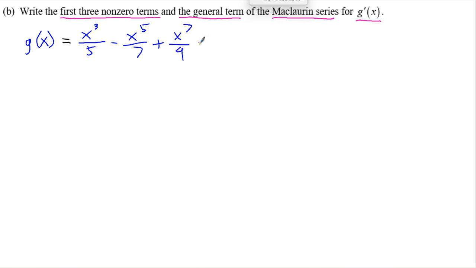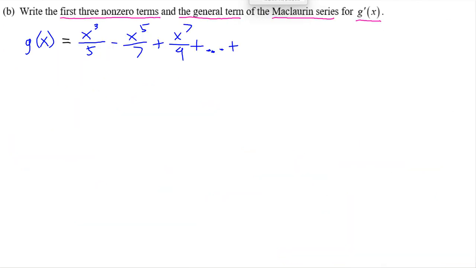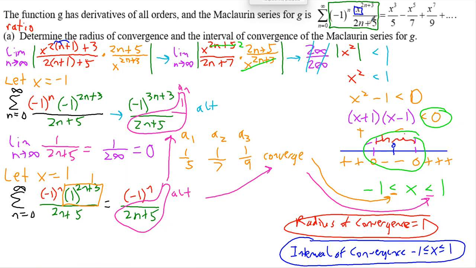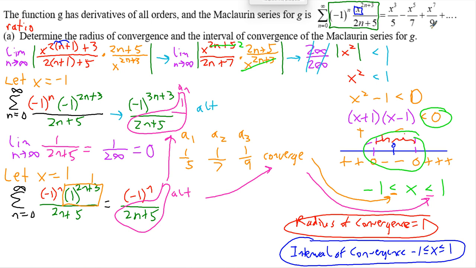And then plus dot dot dot, and the general term goes right after this. The general term for this is negative 1 to the n, x to the 2n plus 3, over 2n plus 5.